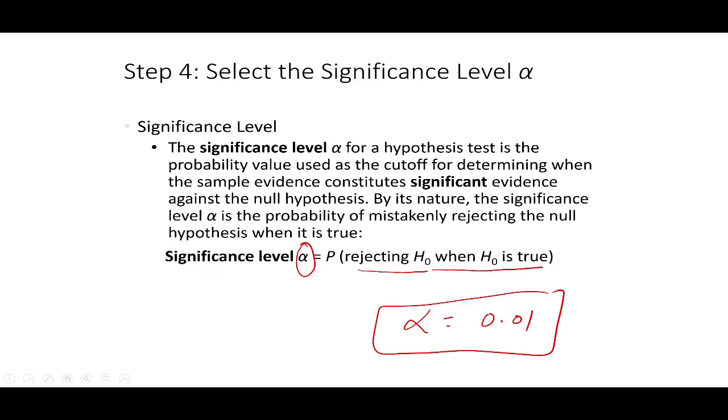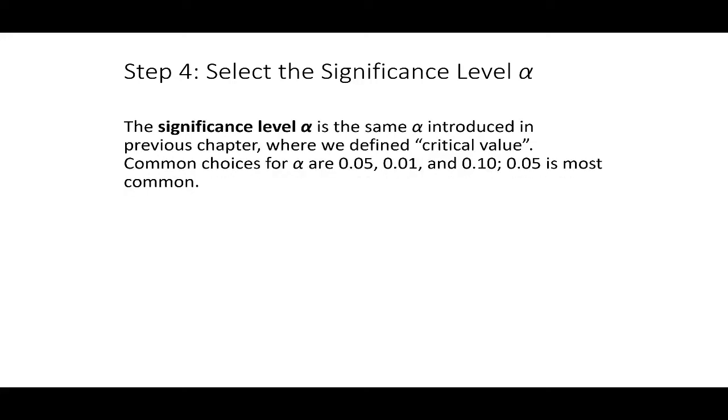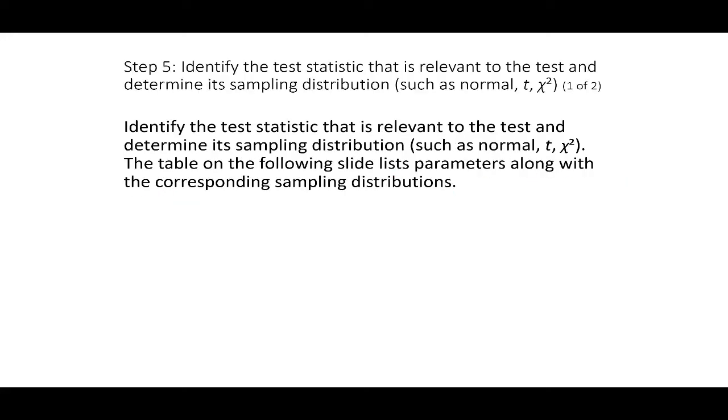The significance level alpha for a hypothesis test is the probability value used as the cutoff for determining when the sample evidence constitutes significant evidence against the null hypothesis. Normally we use a significance level of 5%, 1%, or 10%, but the most commonly used significance level is 5%.